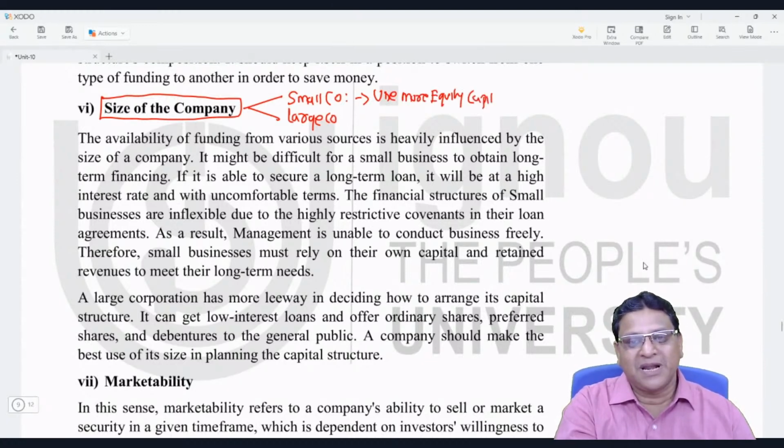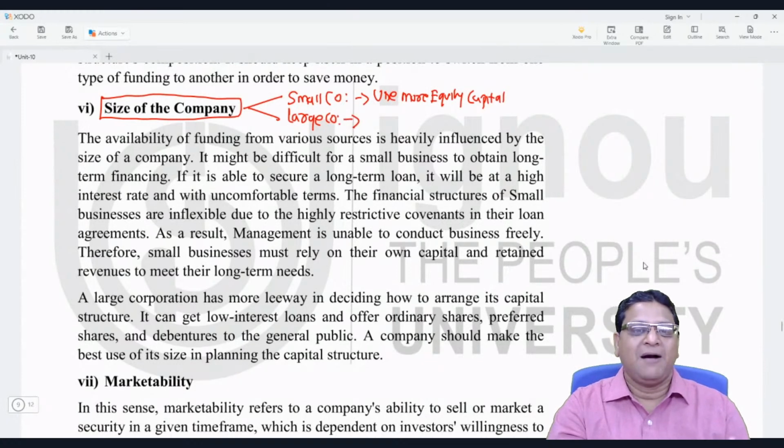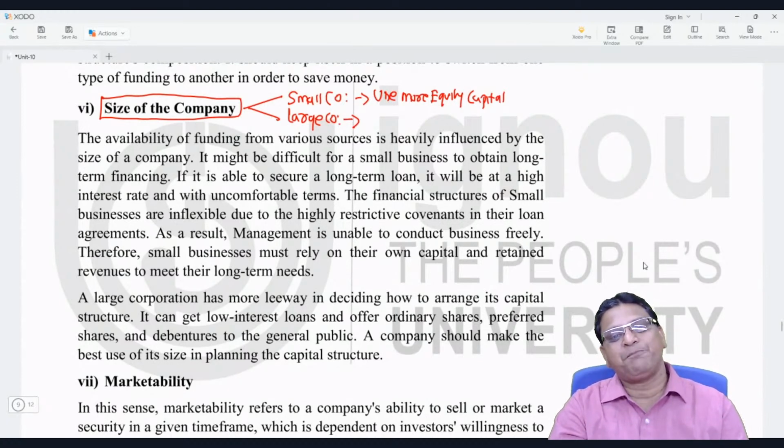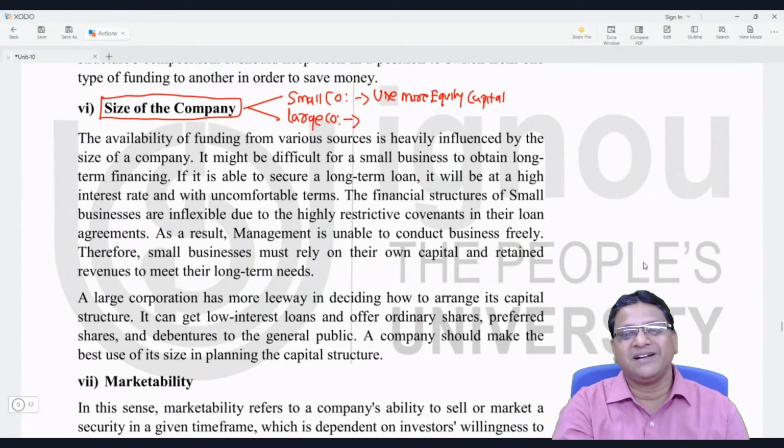But in case of large companies, they have a credit history. People have faith in large companies. Finance companies have faith in large companies. Banks and financial institutions have faith in large companies. Hence, large corporations generally use more debt capital. So we have covered how size of the company affects the capital structure.